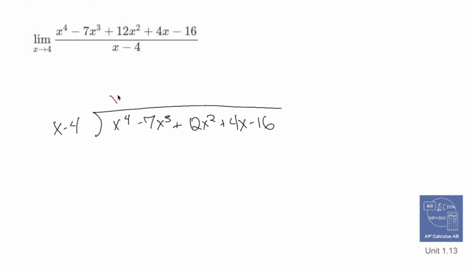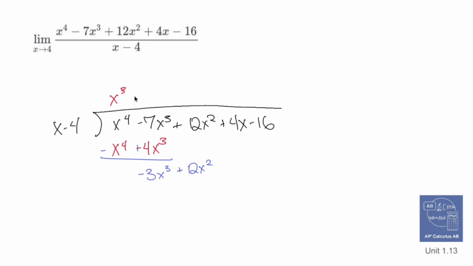X times x cubed is going to get me x to the fourth, so x cubed pops up here. Multiply x cubed to x minus 4, and I get x to the fourth minus 4x to the third. Subtract the entire row, which means you do minus plus, and that drops down negative 3x cubed. Drop down plus 12x squared. Repeat the process.